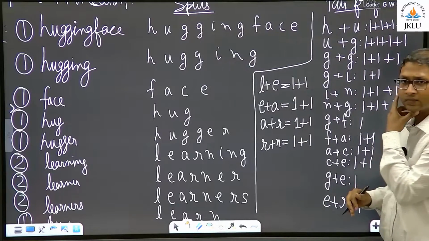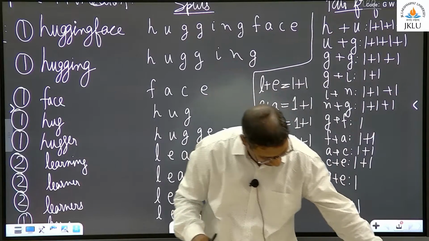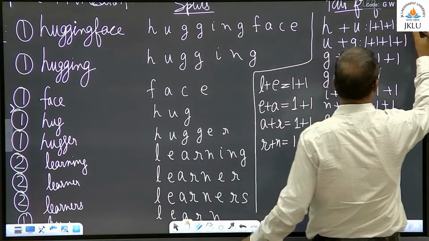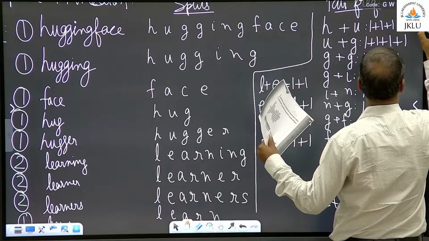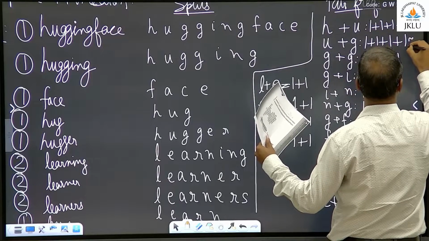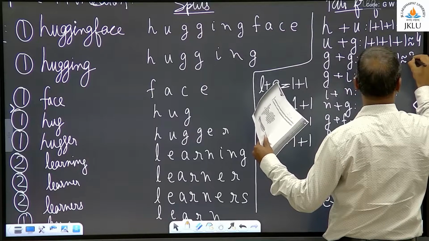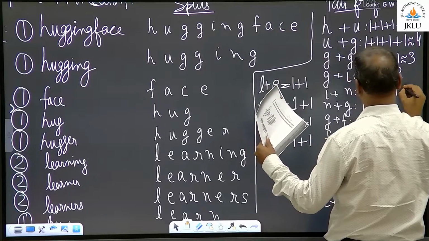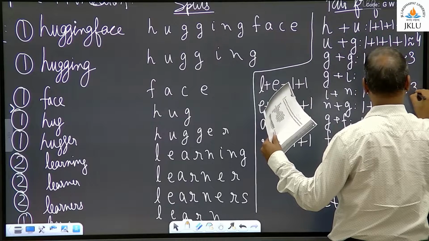So are you okay with how to do this? Yes, sir. Then I can just update the correct answers. So this is 4, this is 4, this is 3, this is 2, this is 3.